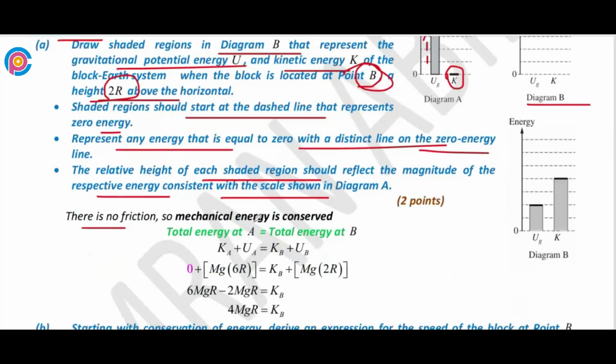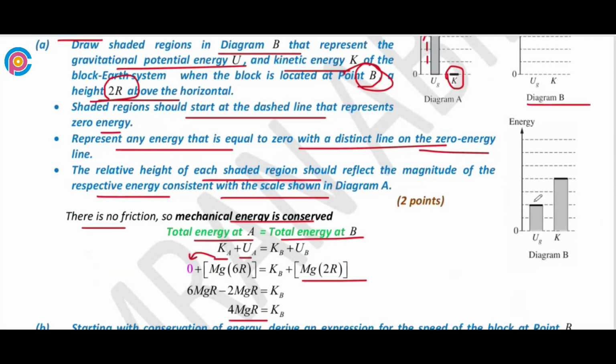There is no friction, so mechanical energy is conserved. Total energy at A should be equal to total energy at point B. Initially there is kinetic plus potential; the body is at rest, so kinetic energy is 0 and potential energy is mg6r. Kinetic energy at B is represented by KB. Now the potential energy is mg2r because 2r is given. So we can calculate the kinetic energy, which is 4 mgr.